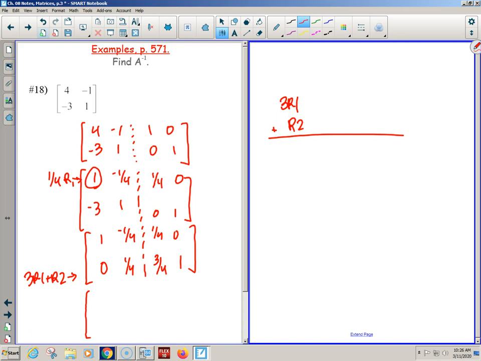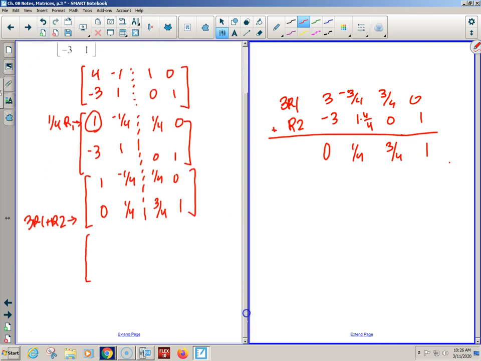You would multiply 3 times every entry on the top, which would give you 3, negative 3/4, 3/4, 0. Then you would add it to row 2, and you would get the exact same thing. To be honest, you would probably have a higher percentage rate of getting it right than those of us that do it with mental math.